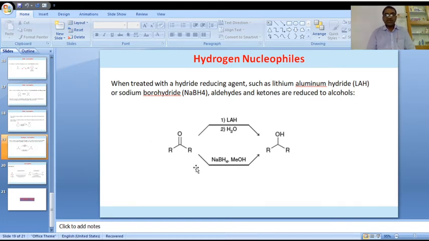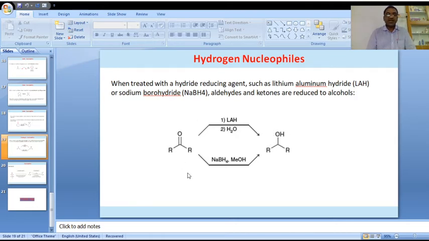Here we are using a ketone as the starting compound. The ketone reacts with lithium aluminum hydride, LAH, in presence of water, H2O, and forms an alcohol.